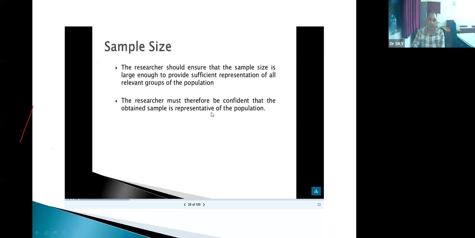The researcher must therefore be confident that the obtained sample is representative of the population. So it is very important that the sample should be well representative of the population, and it must be of appropriate size. Sample size determination is very important for the statistical analysis or tests to be valid.